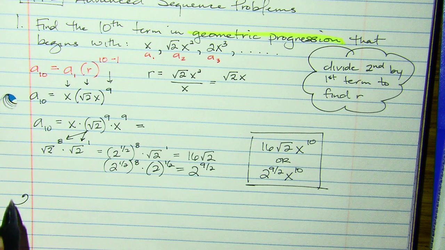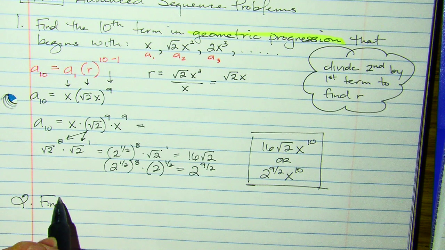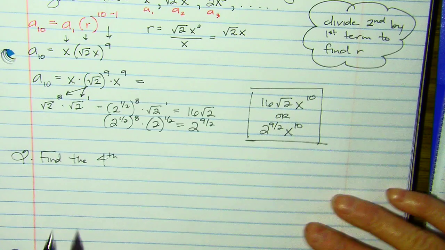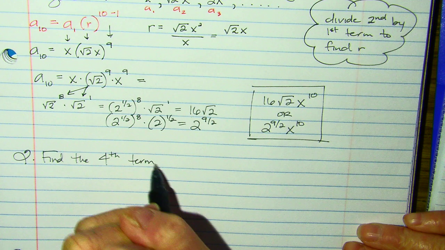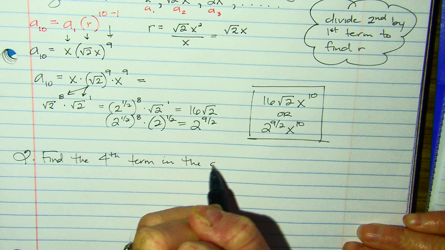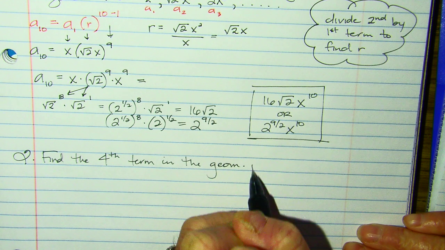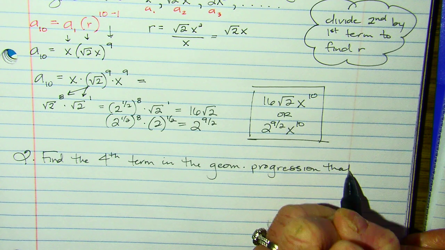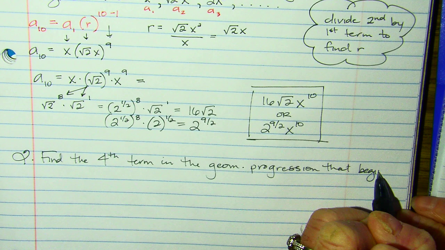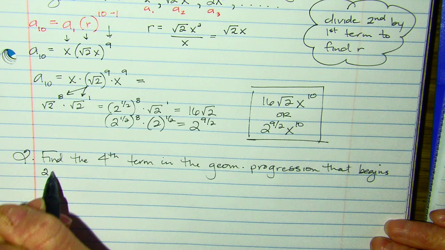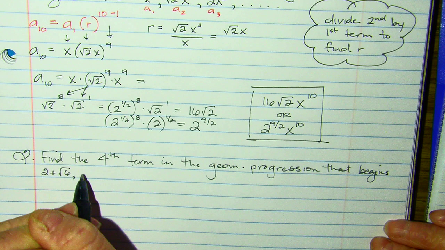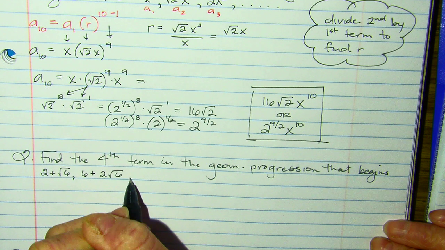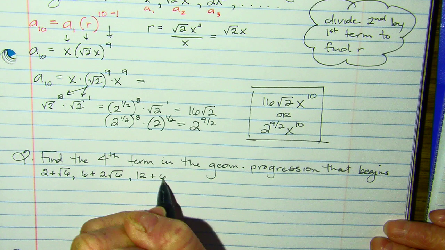Number 2, find the 4th term in the geometric progression that begins 2 plus root 6, comma, 6 plus 2 root 6, 12 plus 6 root 6.